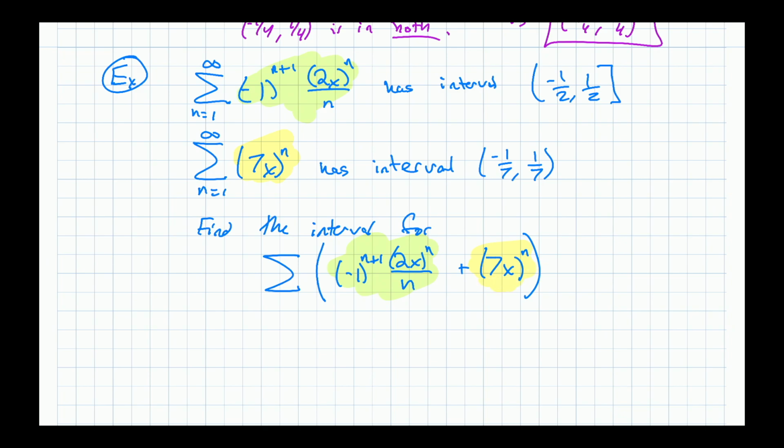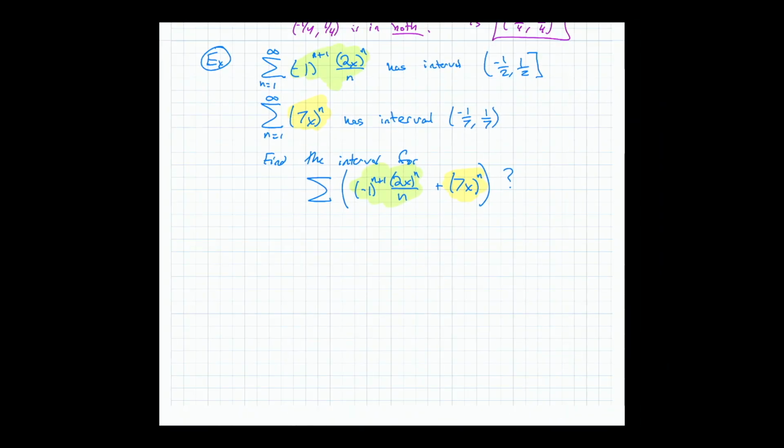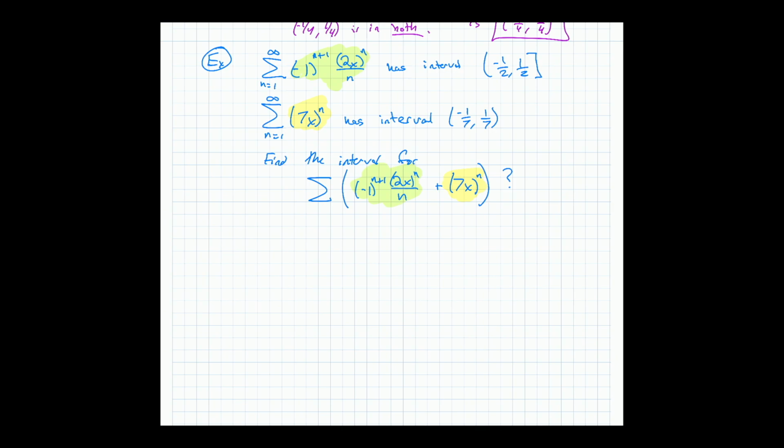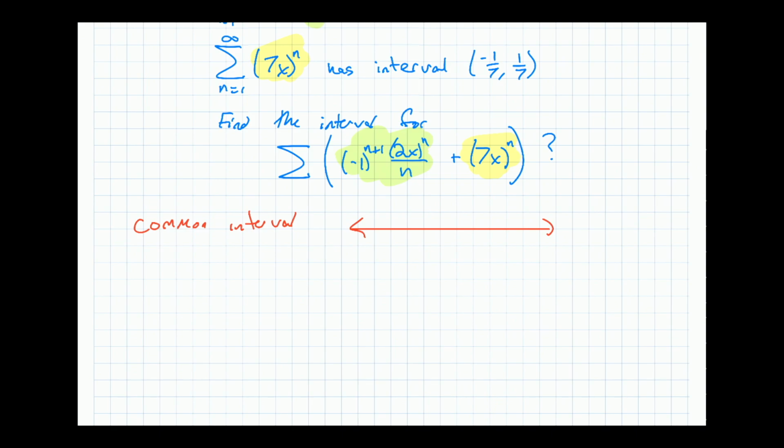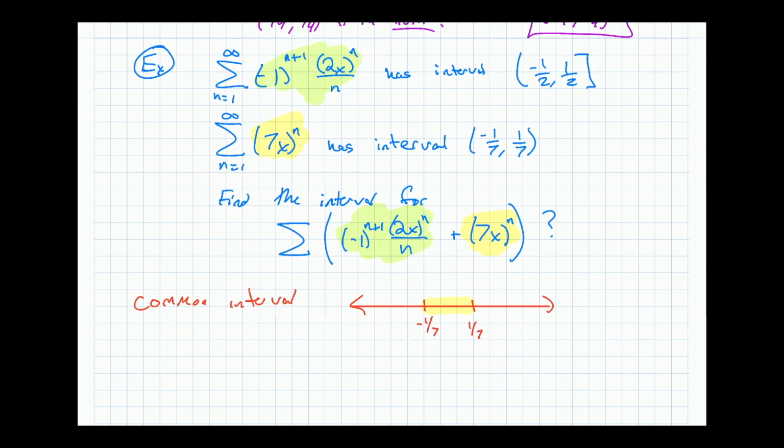All right, so what is the interval of convergence for that? Again, you're just looking for where the two intervals overlap, right? So the common interval. You've got -1/7 to +1/7, and then you've also got -1/2 to +1/2.